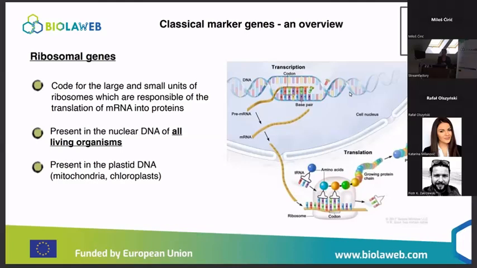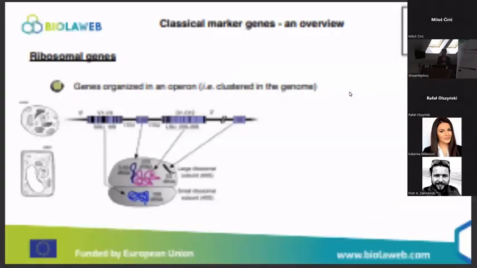It is illustrated in the figure on the right. And this is why you will find those genes in every organelle, and they are also present in chloroplast. Those ribosomal genes, many of them, code for the different units of the ribosome.